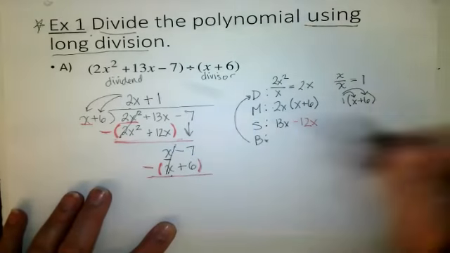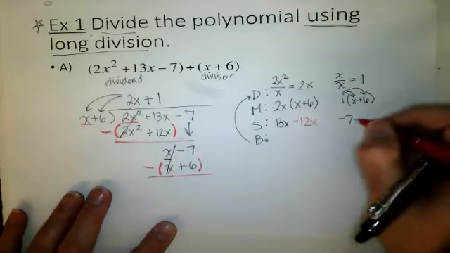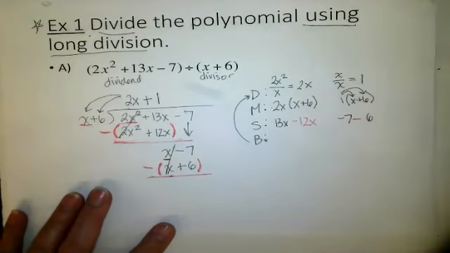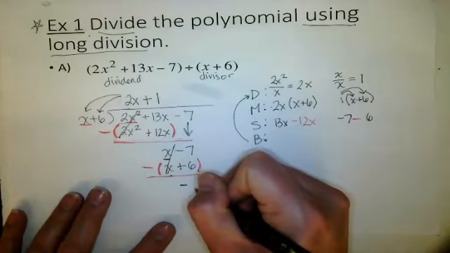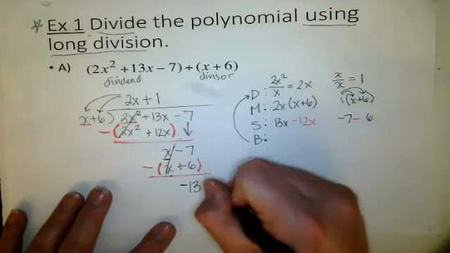And then we have negative 7 minus the positive 6. What is that? Negative 13. All right, this is our remainder.